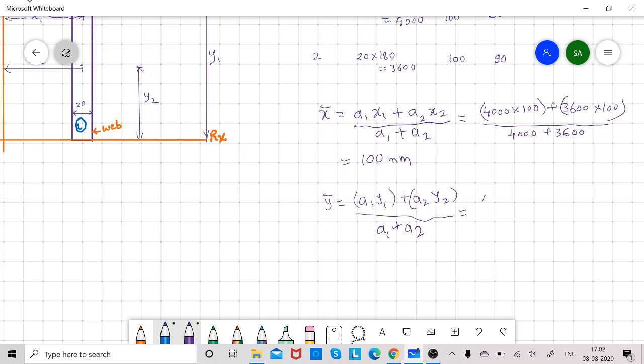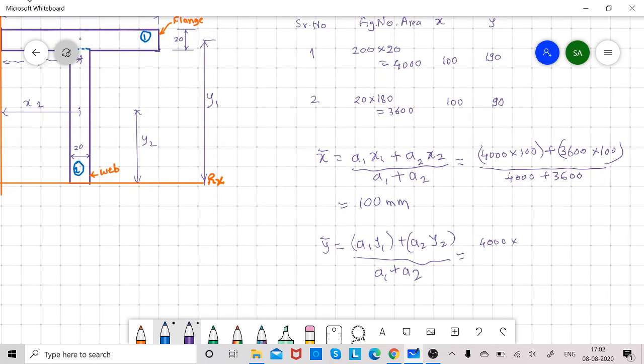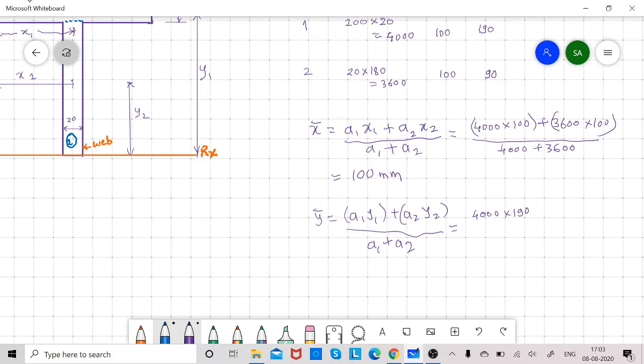Here a1 is 4000, y1 is 190, plus 3600, that is a2, into y2, 90, divided by 4000 plus 3600. If you calculate, you will get y bar as 142.63 mm.